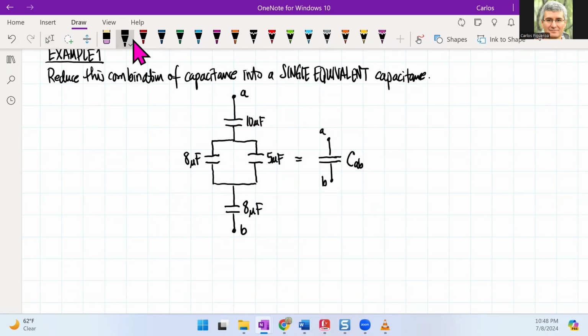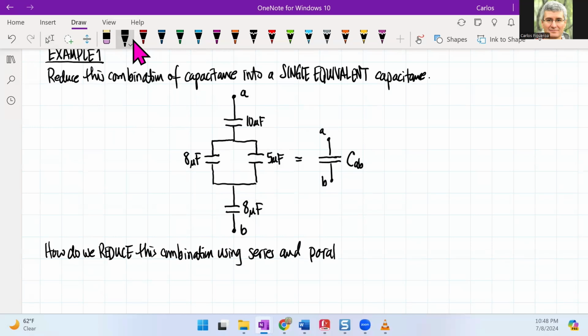We ask ourselves, how do we reduce this combination using series and parallel techniques?